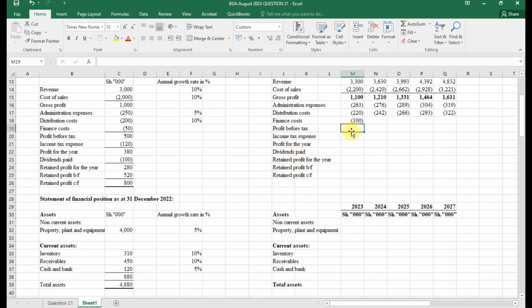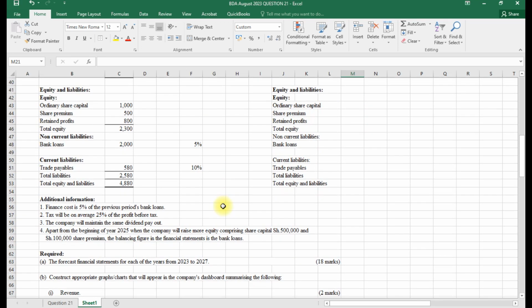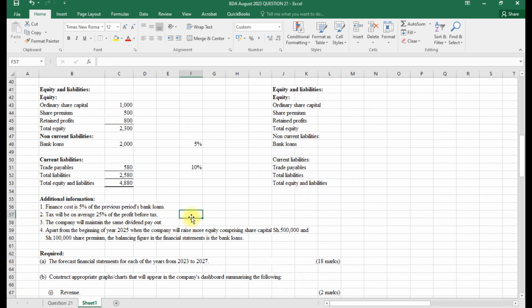So profit before tax, alt equals, from the gross profit, just adjust that. So I will put top border, I bold that. Our income tax expense is at the rate of 25%, so we'll take the profit before tax, then multiply by 0.25, which is 25%. So the tax will be on average 25.